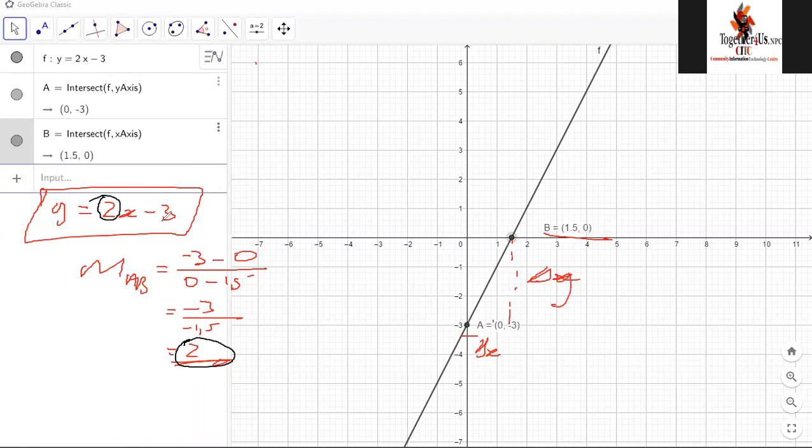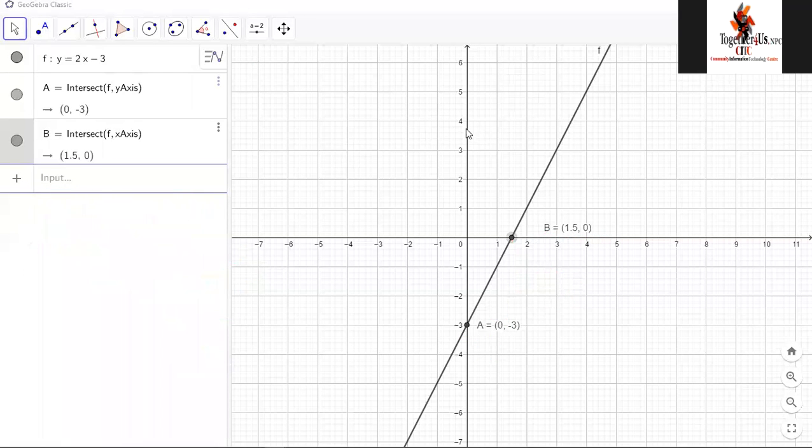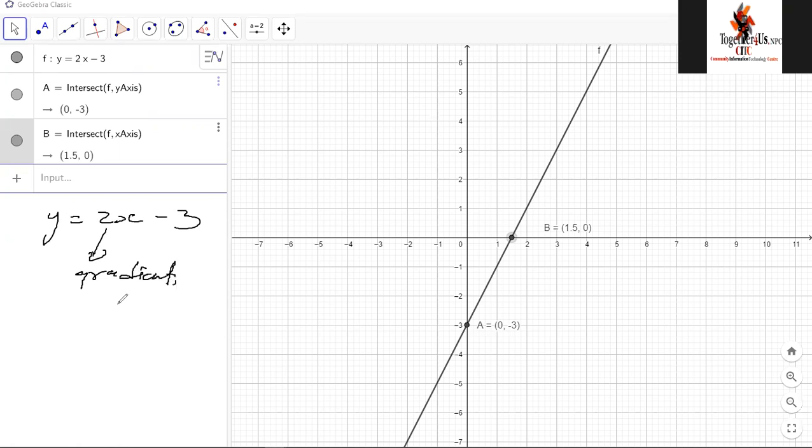So if you look at it, we can come up with a general form of a function here. The general form of a function then is as follows. Y equals 2x minus 3. We have established that this number here is the gradient. That's what we have found.